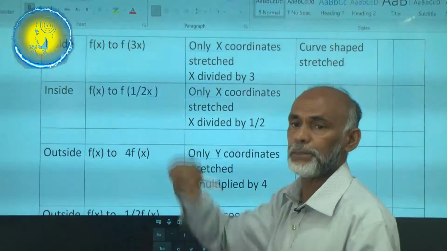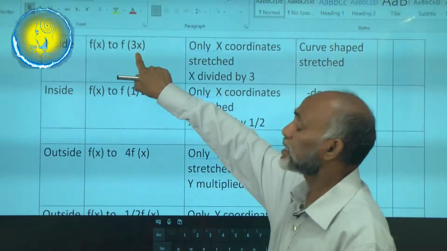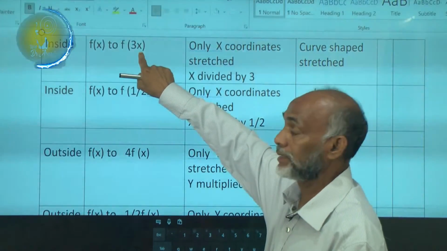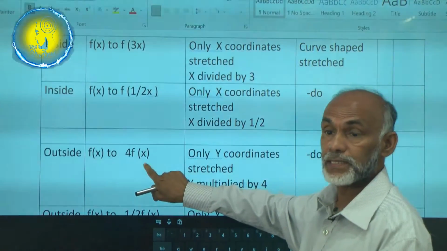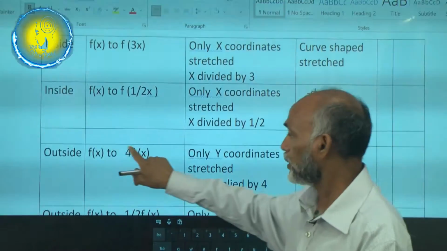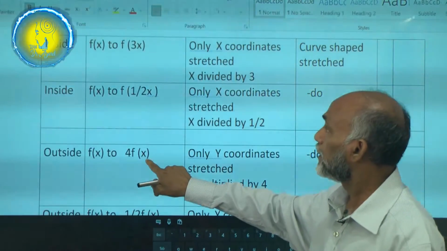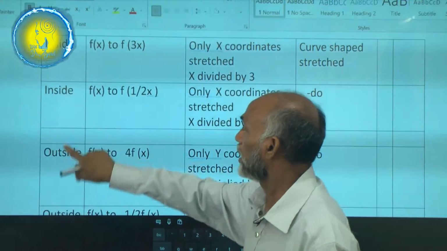In the case of multiplication, the stretching, here the function is multiplied inside by 3. Here the function is multiplied by 4 outside. You have to try to understand these examples. Here the multiplication is inside the function, here outside the function.